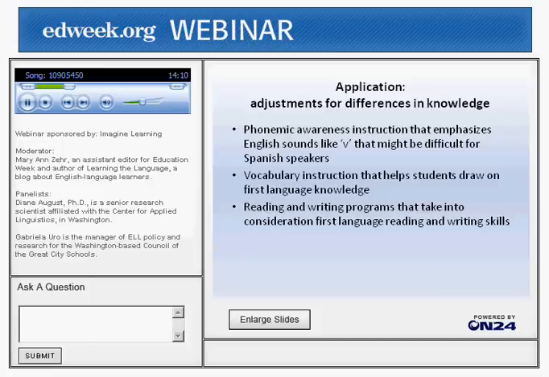And finally, reading and writing programs that take into consideration first language reading and writing skills. There's a very nice study by Bill Saunders. It was a transition program, and a key principle for this program was to develop language arts instruction that made explicit connections between students' existing knowledge, skills, and experiences and the academic curriculum that they had to learn in English.